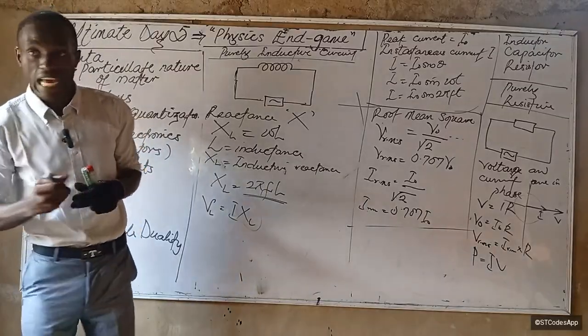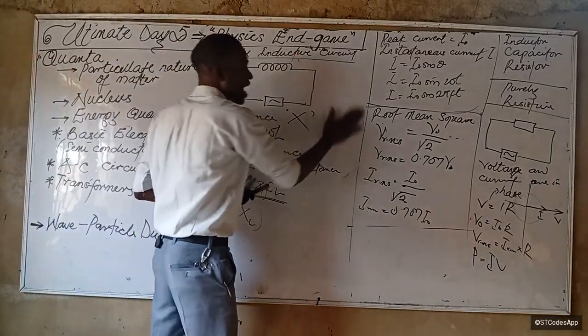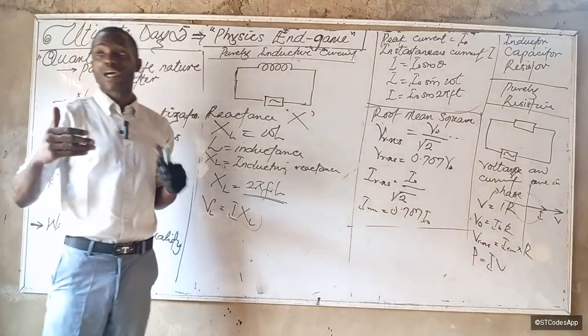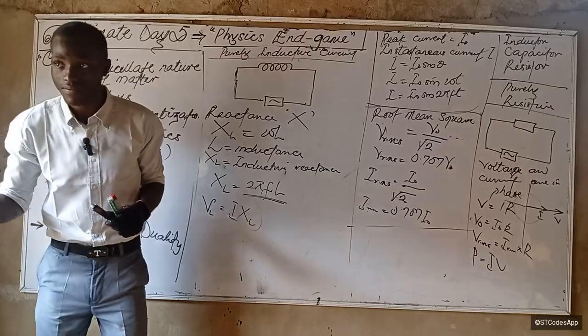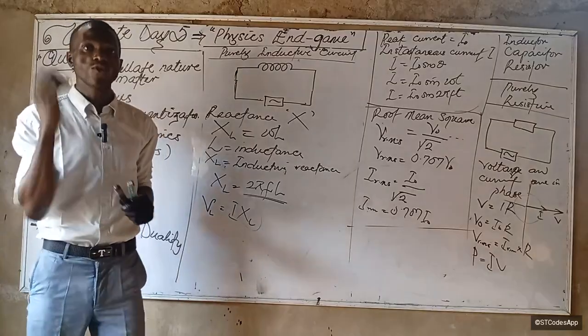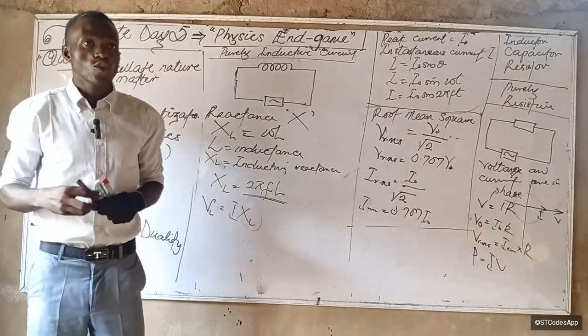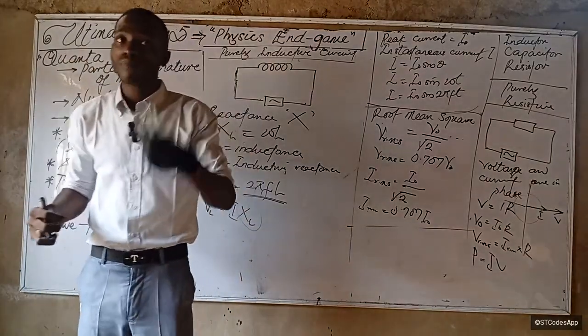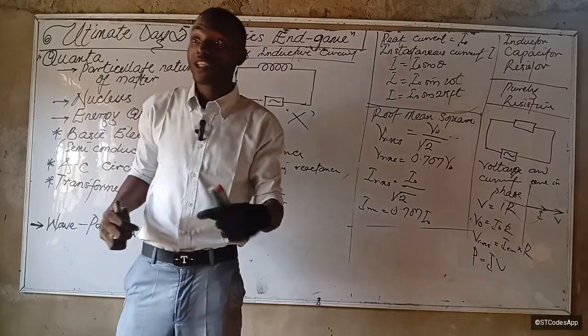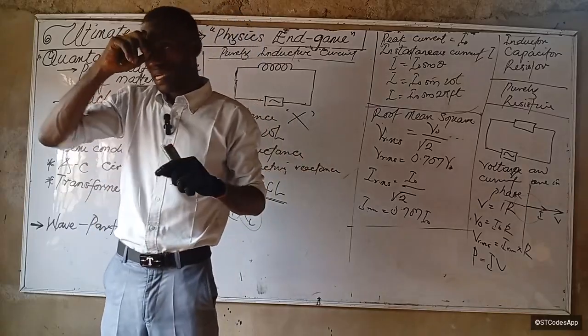Current will do what? Lag behind. So current and voltage will be out of phase by 90 degrees. And who will be the leader? Voltage. So voltage will lead current by 90 degrees, or current will lag voltage by 90 degrees.